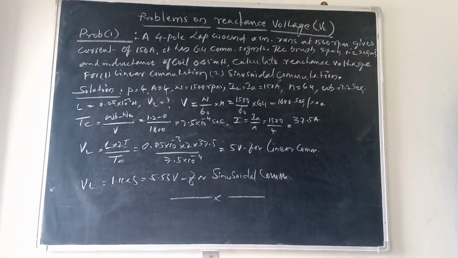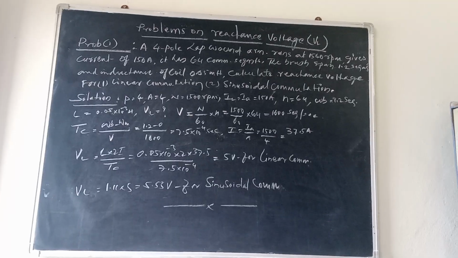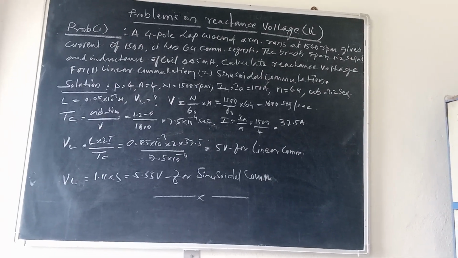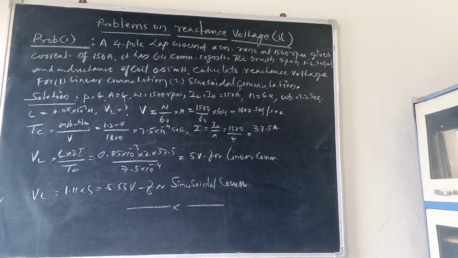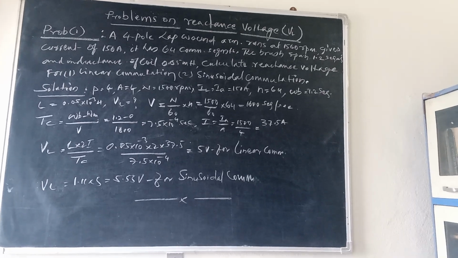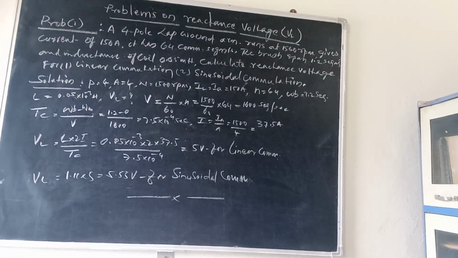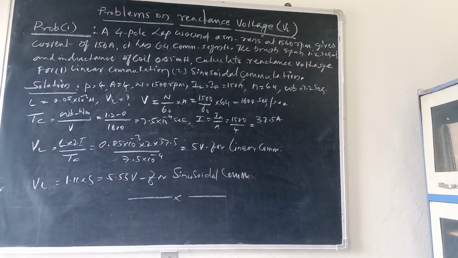The problem is: a 4-pole lap-wound armature runs at 1500 rpm and gives a current of 150 ampere. It has 64 commutator segments.